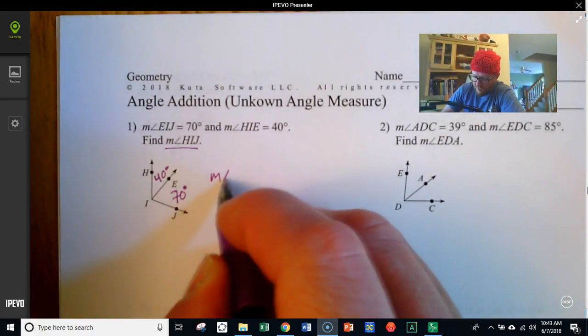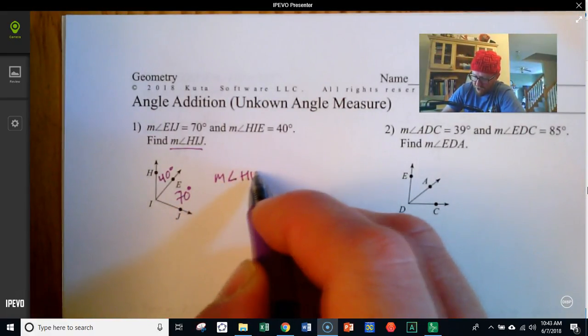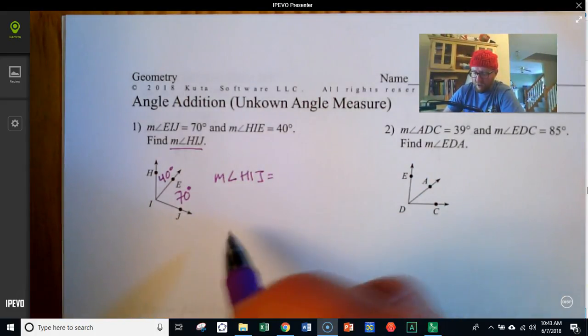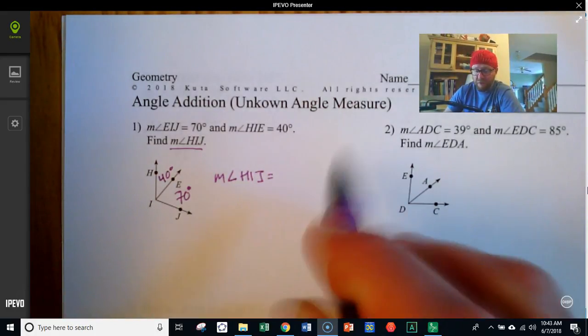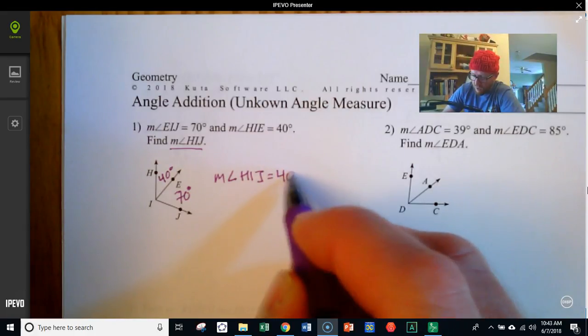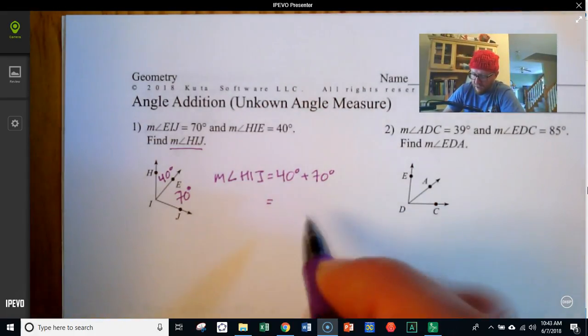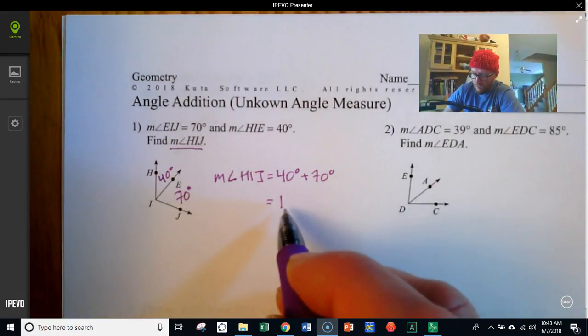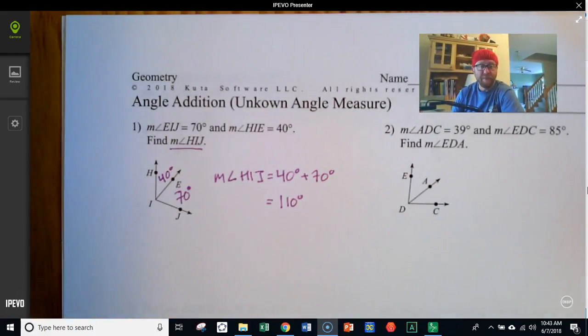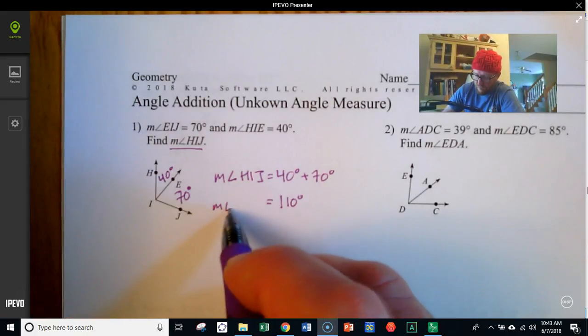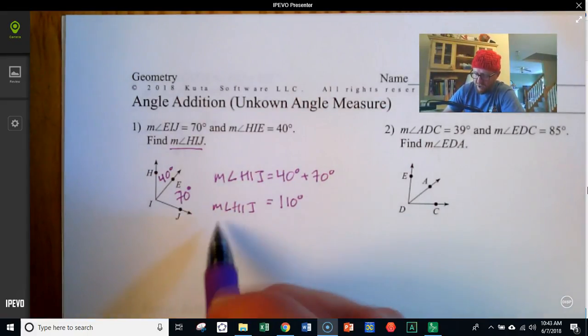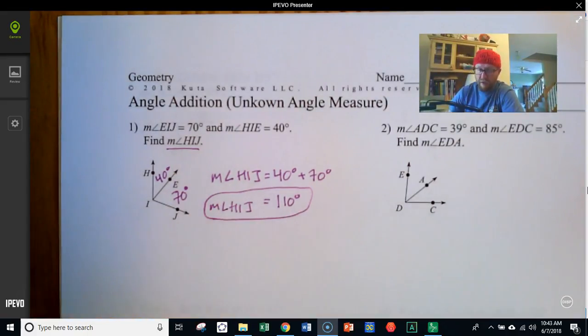Well, measure of angle HIJ, that's the big angle, will be the two small angles added together, or 40 degrees plus 70 degrees, or 110 degrees. Measure of angle HIJ is 110.